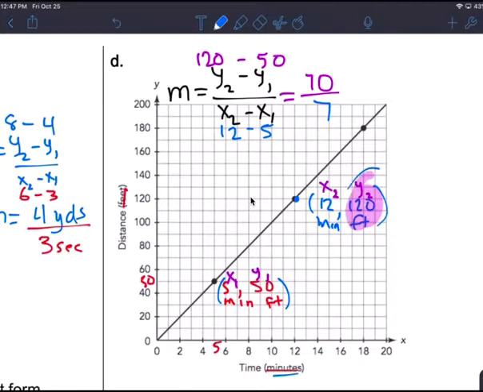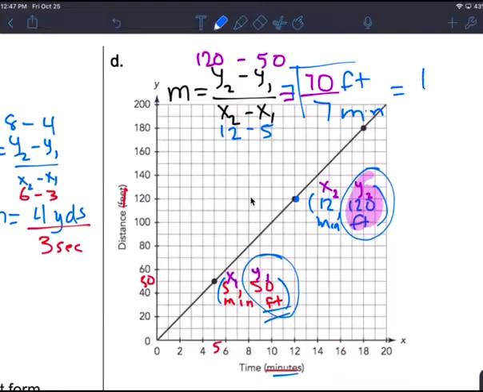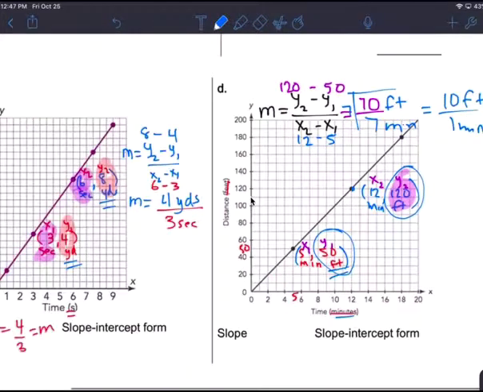Okay, the 120 and 50 are feet. And 12 minus 5 are 12 minutes minus 5 minutes is 7 minutes. So these are minutes. So divide these by 7. You get 10 feet every 1 minute. That's what it means.